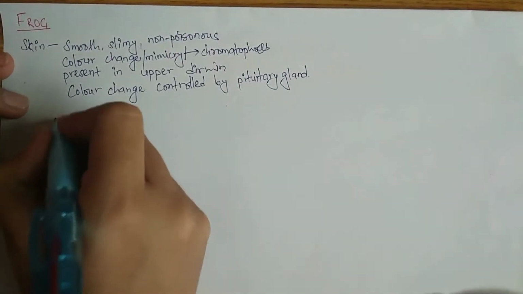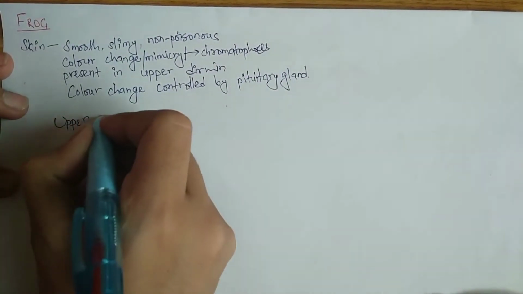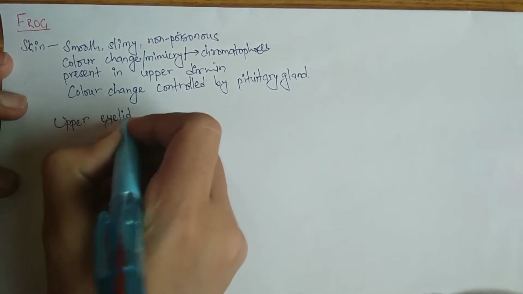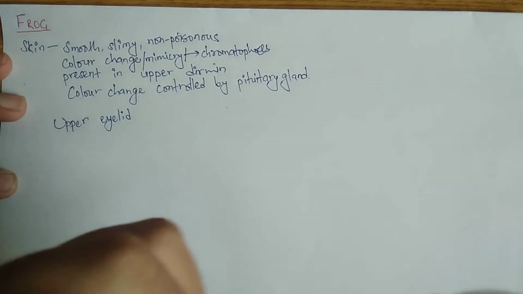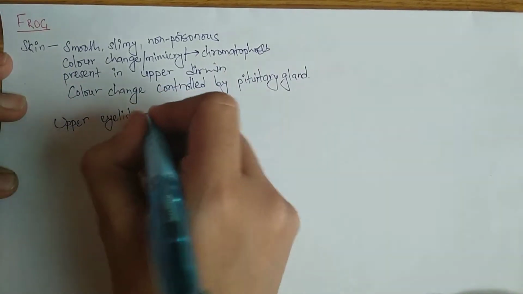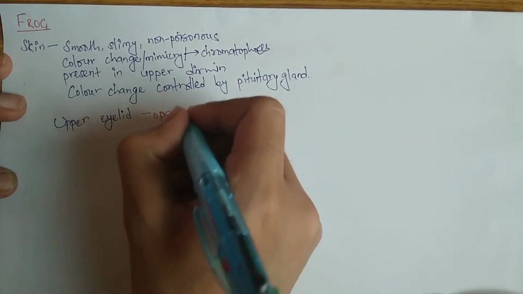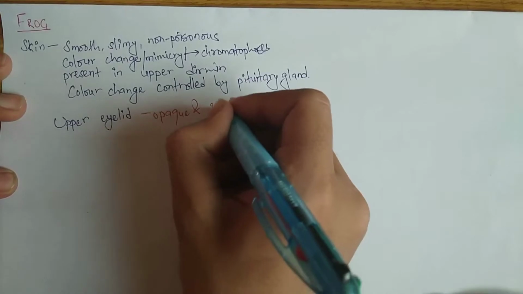Talking about the eyes, the upper eyelid is opaque and immovable.